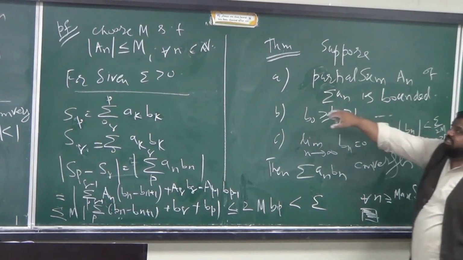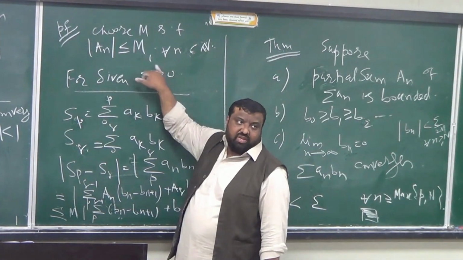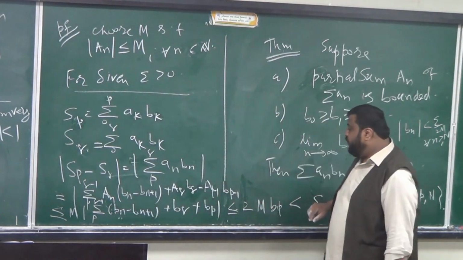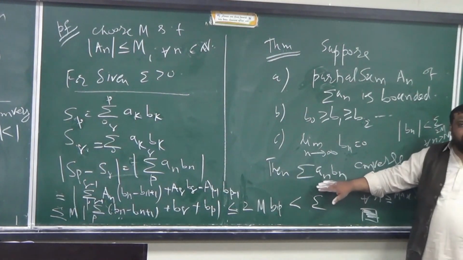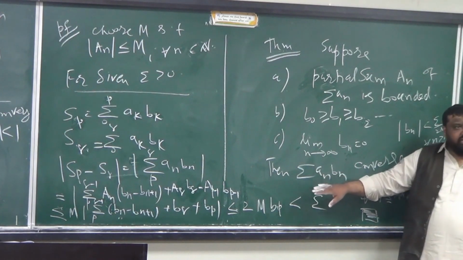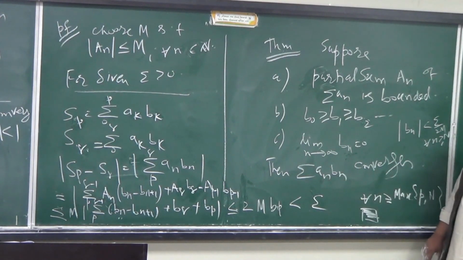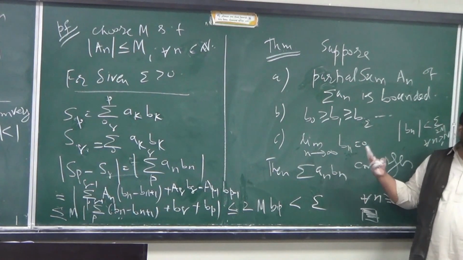So this means that there exists M such that the absolute value of An is smaller than or equal to M for all n. Usually I need to prove the convergence of this series. So what I need to do, I can apply the Cauchy test actually. Okay, Cauchy test. And for that Cauchy test I need to take what? I need to take two partial sums, P and Q.